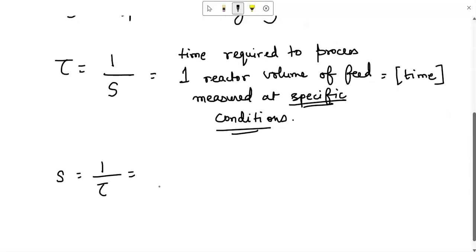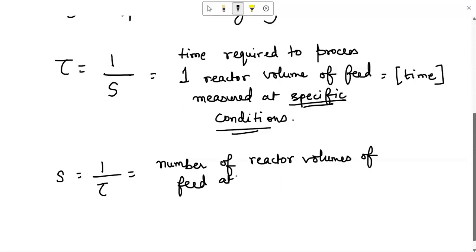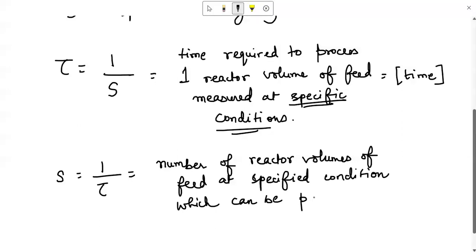So this is defined as the number of reactor volumes of feed at specified conditions which can be processed in unit time. Okay, and the unit of this is time inverse.